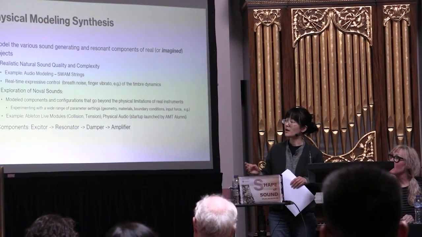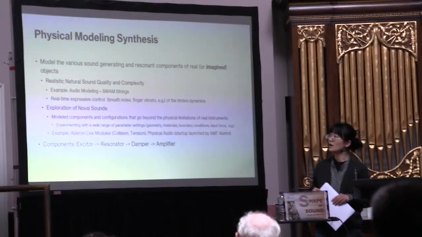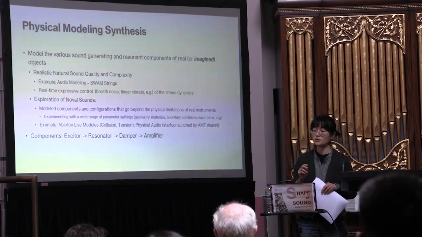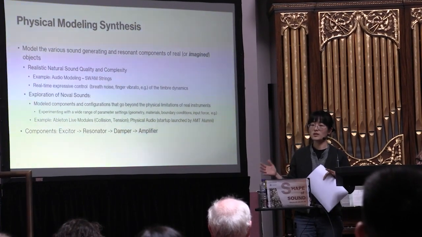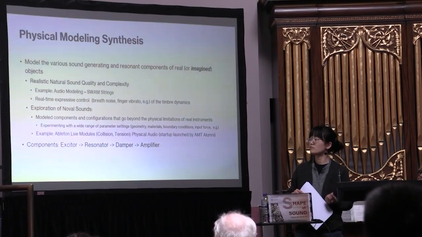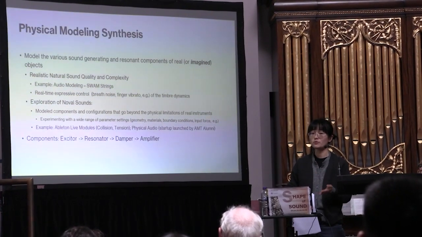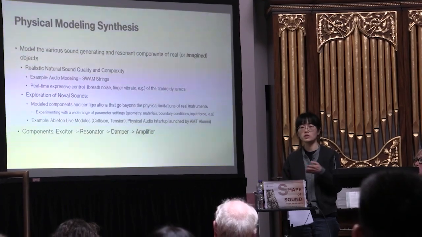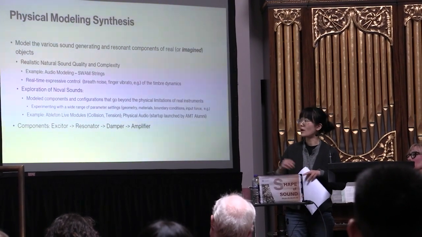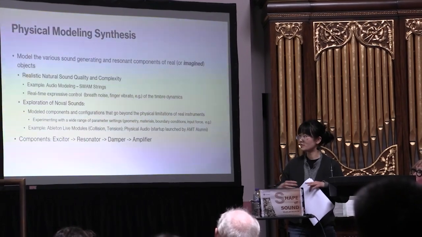You can experiment with a wide range of settings, like changing the geometry, the size and shape of the instrument body, swapping in different materials, and setting different boundary conditions, like open or closed on the tube, or how the strings are fixed on the violin or guitar.